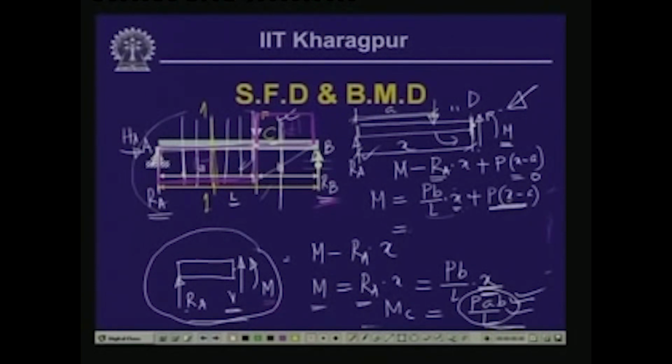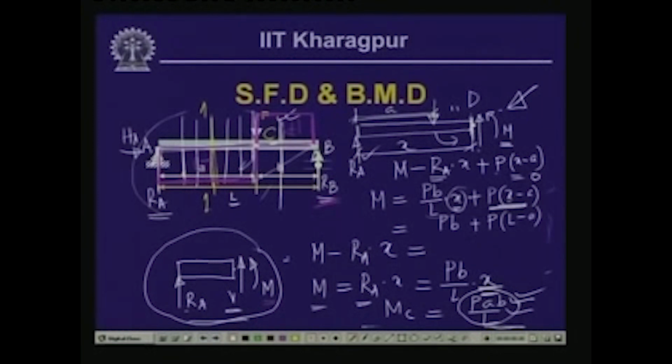Now, if we substitute x as equal to L, then what happens? When x is equal to L, this is equal to PB plus P into x, where x here we have substituted as L, this is L minus A. So, the value of the bending moment which we are getting at this particular point is equal to, we have computed the bending moment over here, which is M minus R A into x plus, again in the same direction, P into x minus a.